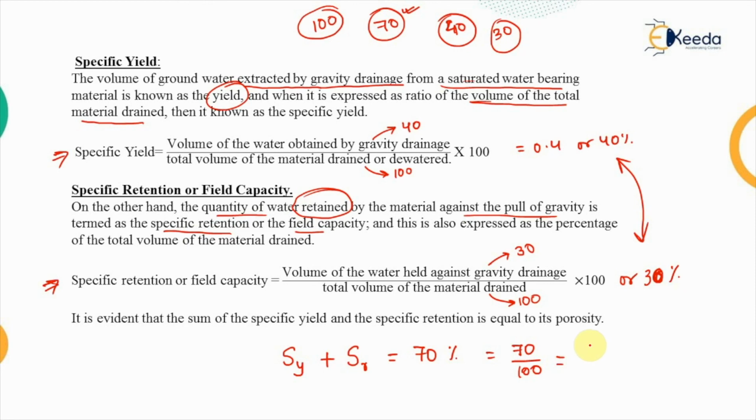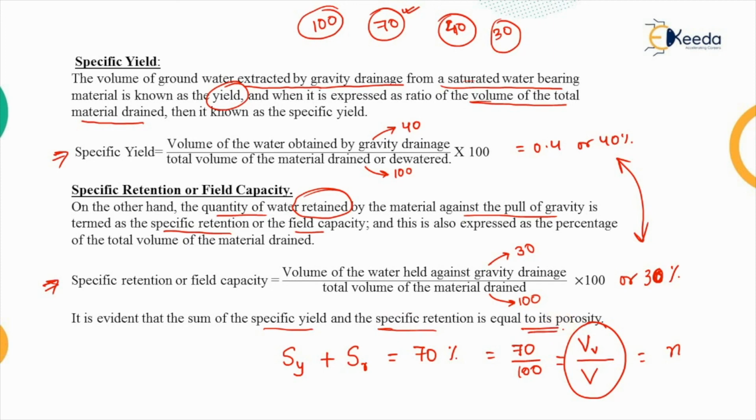In the saturated condition, this 70 is the total volume of the voids, because in this entire volume of voids the water is present, and the total volume of the sample is 100 units. This ratio is known as the porosity. So it is evident that the sum of specific yield and specific retention is equal to the porosity.